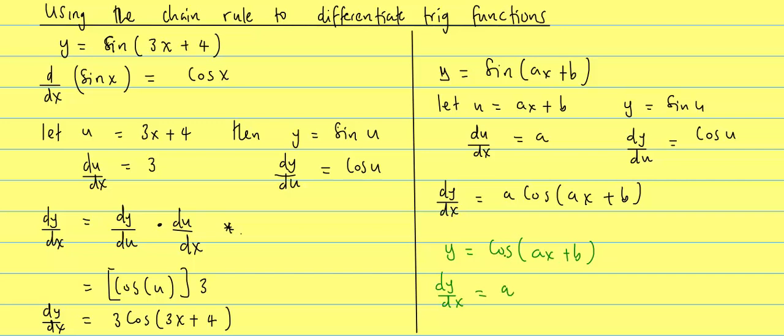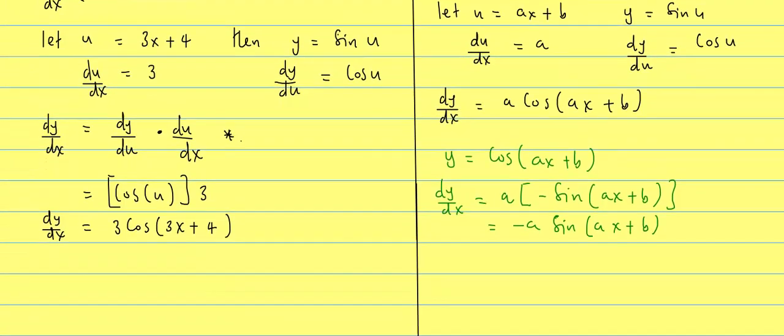Differentiate the trig function, it's going to be equal to the negative sine. The angle stays the same, so ax plus b, and consequently our result is going to be equal to minus a sine (ax plus b).